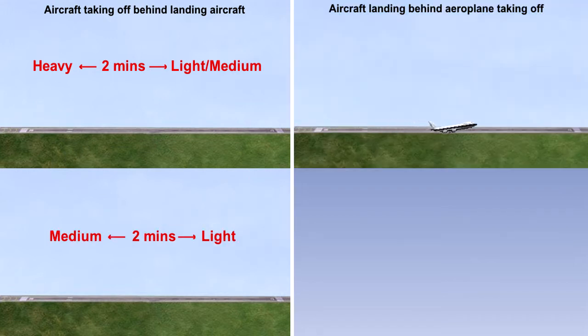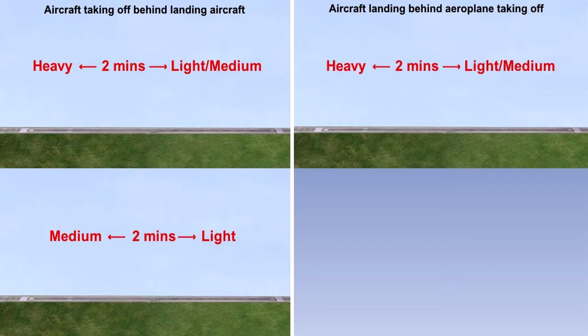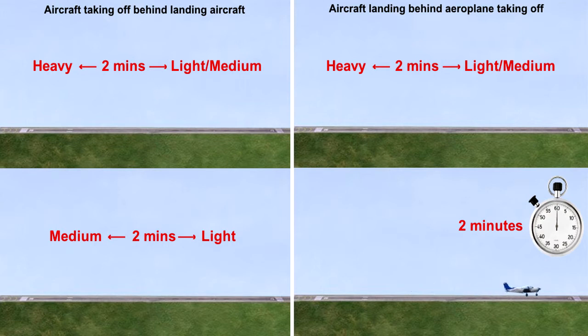For aircraft landing behind another aircraft taking off using displaced thresholds, there is similarly a 2-minute minimum separation between a light or medium aircraft landing after a heavy aircraft has taken off and their projected paths cross. This separation also applies to a light aircraft landing after a medium aircraft has taken off.